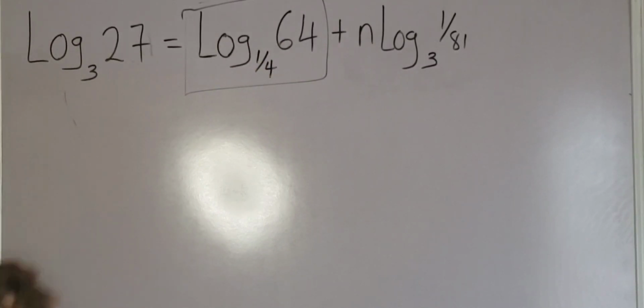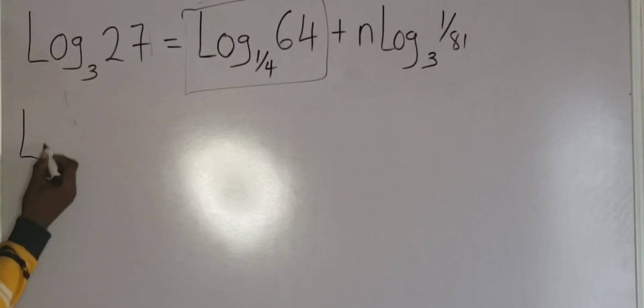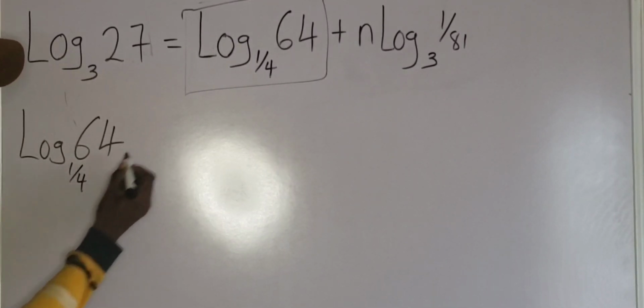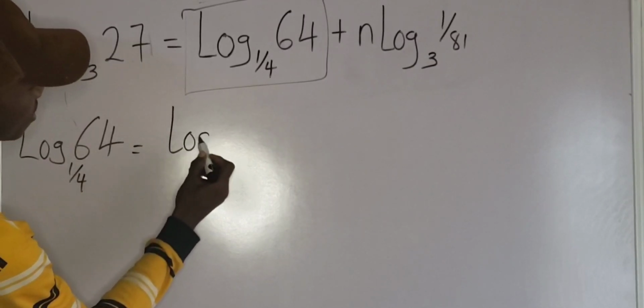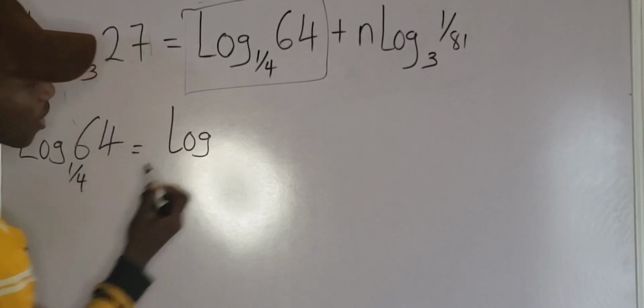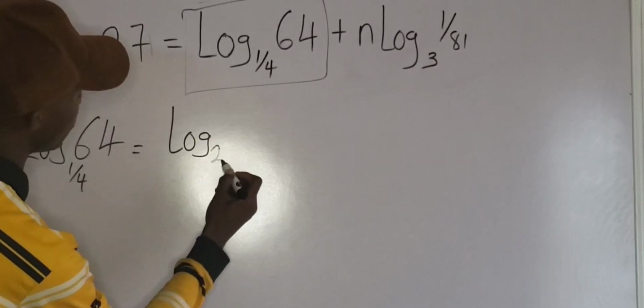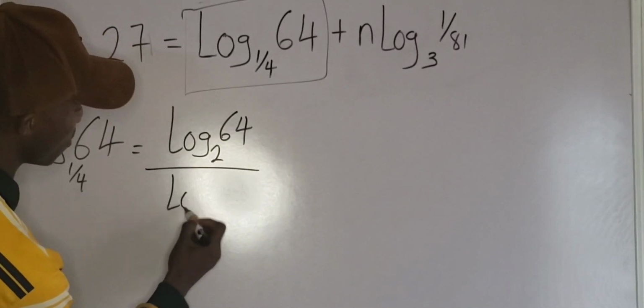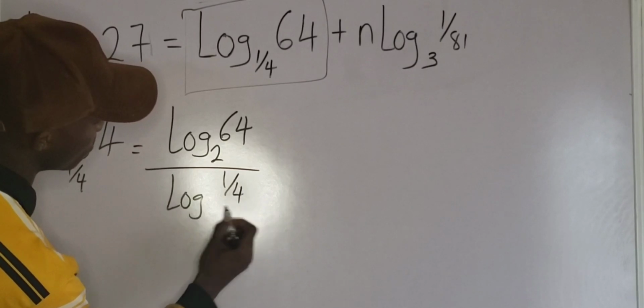You understand? Okay, let's go. Log 64 base 1/4 can be written, according to the change of base formula, as log 64 base 2 all over log 1/4 base 2.